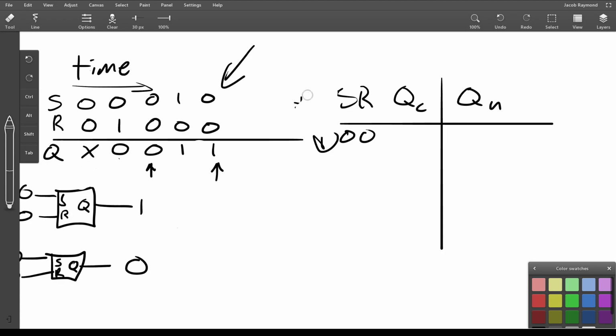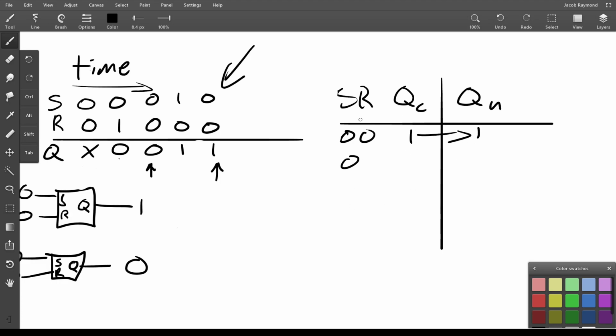So yeah, let's say the input to the SR latch is 0, 0, and the current state is a 1. Well, by definition, if the input is 0, 0, the next state is just whatever the current state is. So it would just stay a 1, right? But if I had, let's say, 0, 1, and my current state was a 1, well, this says reset it back to 0.